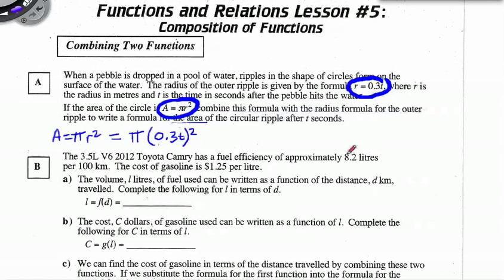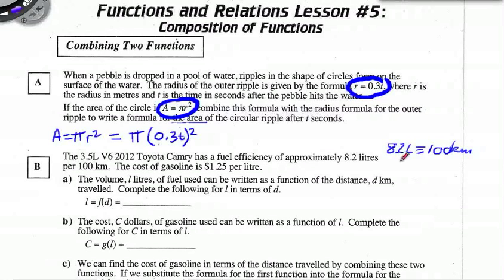Well, we've got a ratio here. 8.2 liters is equal to 100 kilometers. We really want to say that a kilometer is going to cost us so many liters. When we think about this, 8.2 liters is equivalent to 100 kilometers.